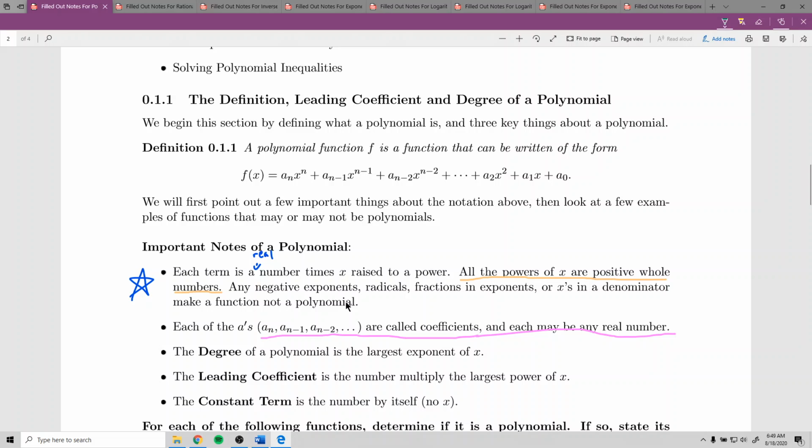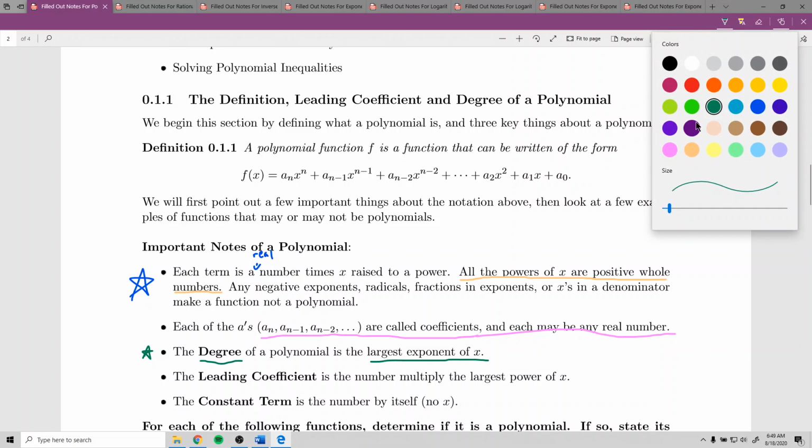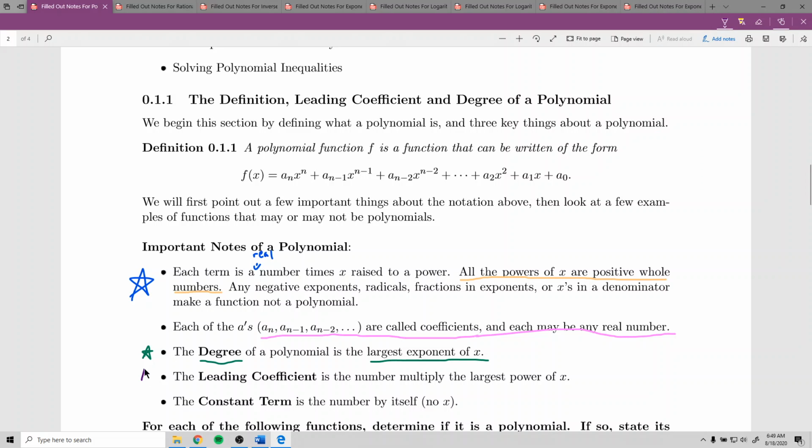Now, there are three special things about a polynomial that aren't so important in this class, but are more important when you study polynomials in future classes. You have the degree of the polynomial, which is just the largest exponent of x. You have the leading coefficient of a polynomial, which is the number multiplying the largest power of x.